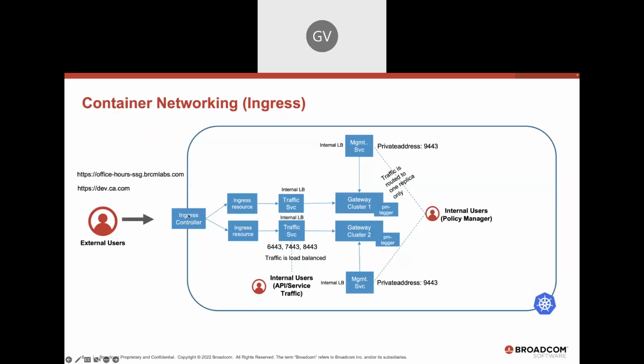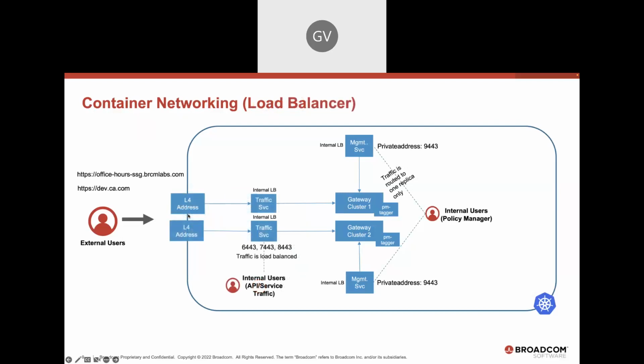The alternative is having the traffic service on the gateway of type load balancer, and that's going to have a layer 4 address for each of your gateway deployments, which may not be as desirable. In a cloud environment, you're going to be paying for each of those public IP addresses, and so that's going to increase both the number of ingress points that you have into your Kubernetes cluster, as well as the cost associated with managing your Kubernetes cluster.